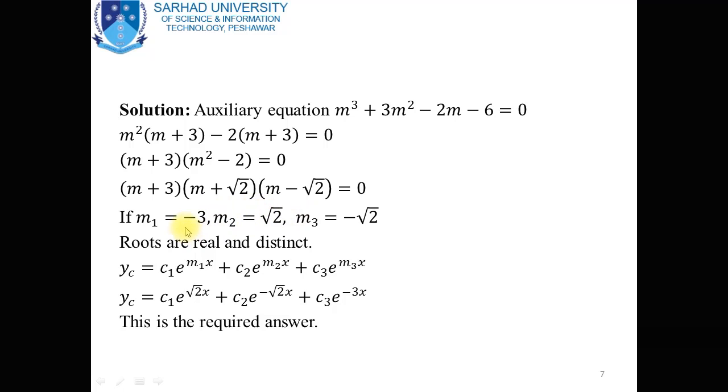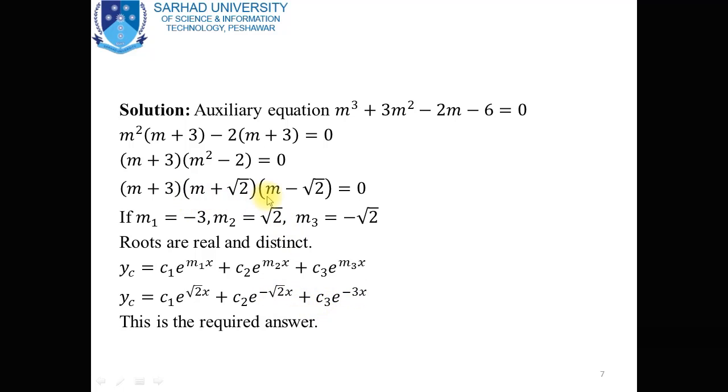So the complementary solution for this homogeneous differential equation now is equal to c1 e power m1x plus c2 e power m2x plus c3 e power m3x. Now putting the values of m1, m2 and m3, c1 e power under root 2x plus c2 e power minus under root 2x plus c3 e power minus 3x.